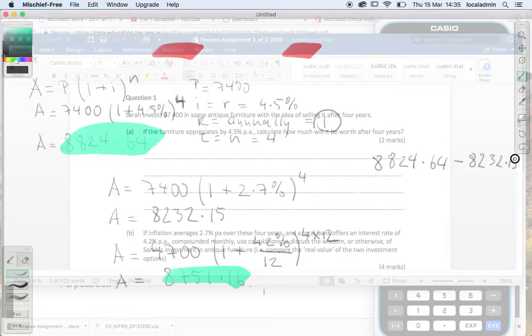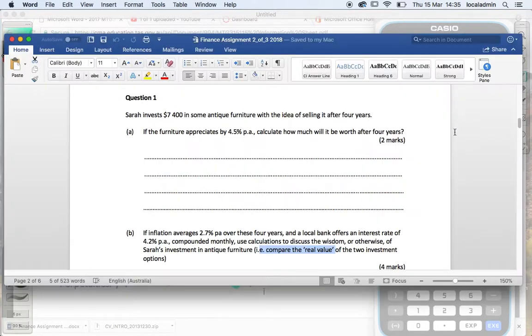Okay, so that's a number, and now we do the same with our bank account, because inflation has also been working against us, so this is why we take that away. This is how much we have to pay now to get whatever we want. Okay, so let's do that quickly with a calculator.